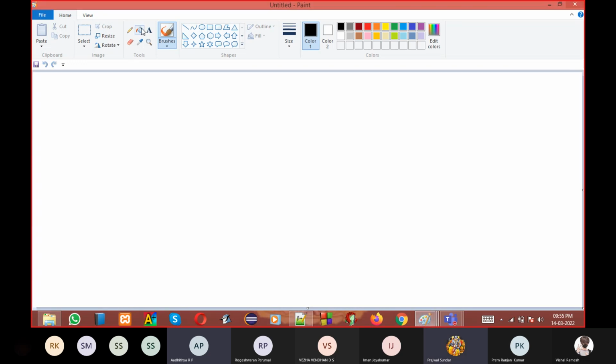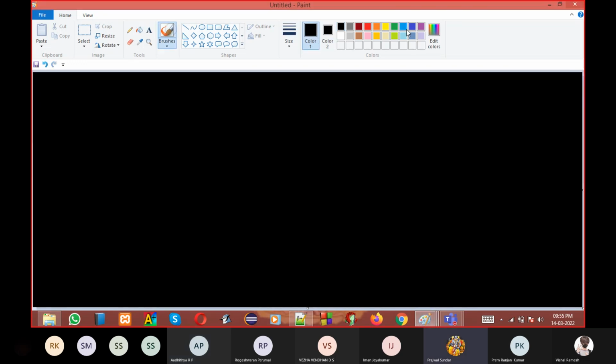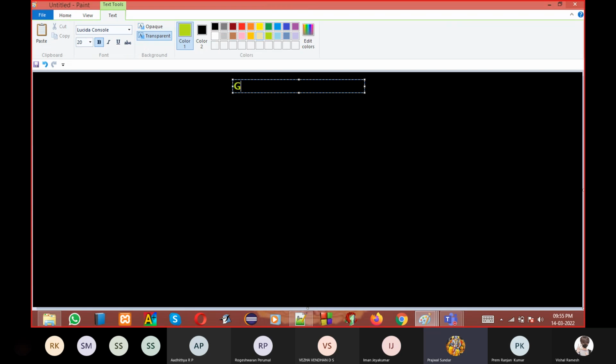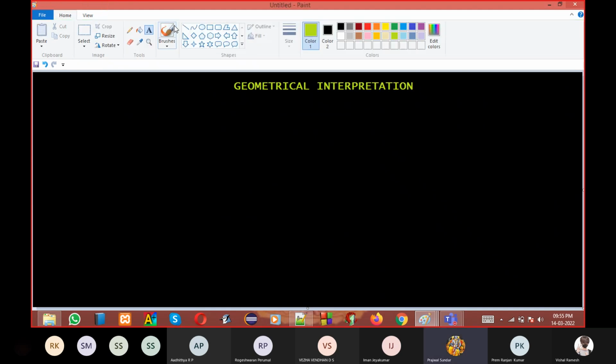Now we will start geometrical interpretation. First of all, there's a lot of theory in this which you have to thoroughly understand before entering actual integration. Do this carefully.